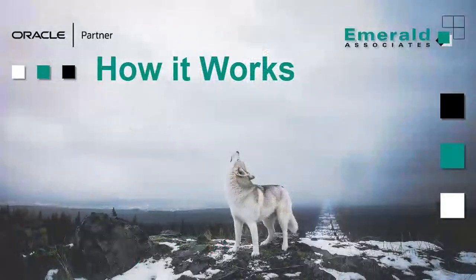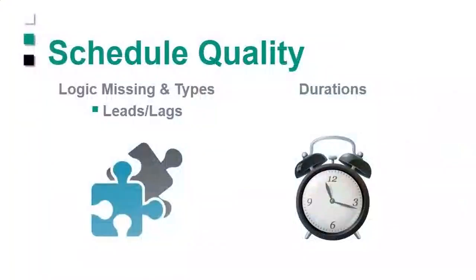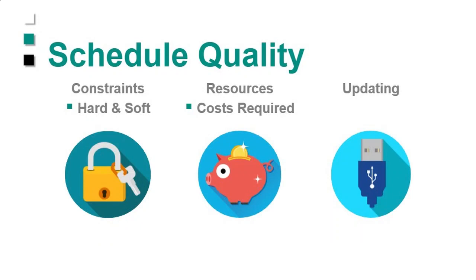Well, how it works. It's quite simple the way that it works. We set up different quality metrics we're going to go after: logic, leads, durations, etc. You can also look at, of course, things like constraints, hard and soft constraints, resourcing, costing, and updating. So we run the gamut of things that you can check.